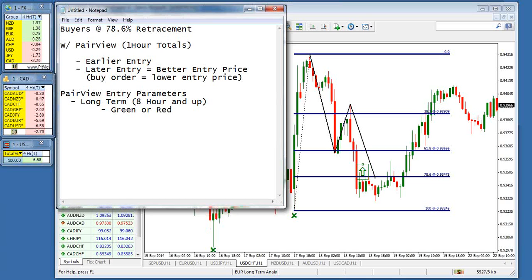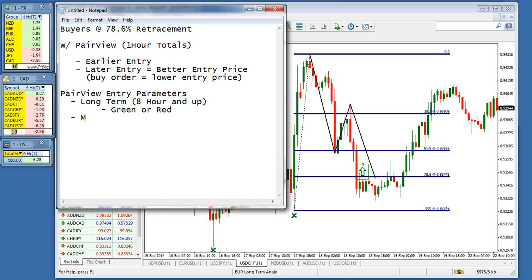When you're looking longer term, the more market maker action you take into account, a lot of times those imbalances are going to go down the longer the time frame. Because remember, over the long run, market makers like to be as close to 50-50 as possible. So the longer term you look on the pair view, sometimes it can be just as easy as green or red. If the long-term entry goes green, then I'm getting in.